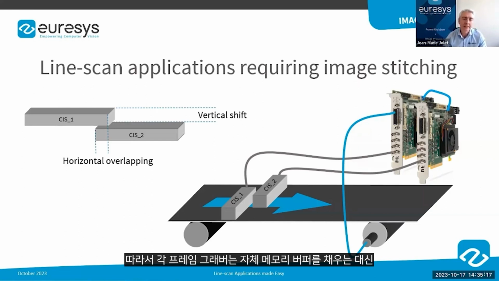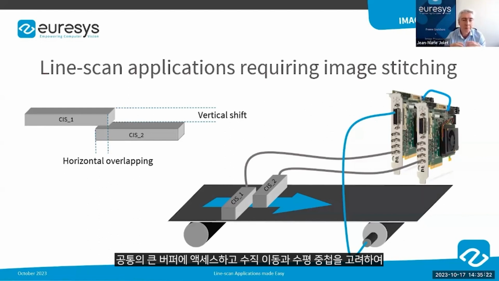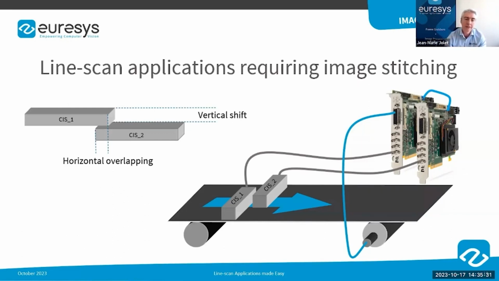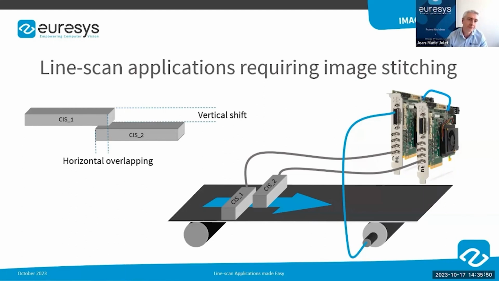Instead of feeding its own memory buffer, each frame grabber accesses a common big buffer and transfers its image data to the relevant location, taking into account the vertical shift and the horizontal overlapping. So the image stitching is performed on the fly by DMA transfer. It does not require any CPU usage or image copy, so the CPU is fully available for the image analysis.